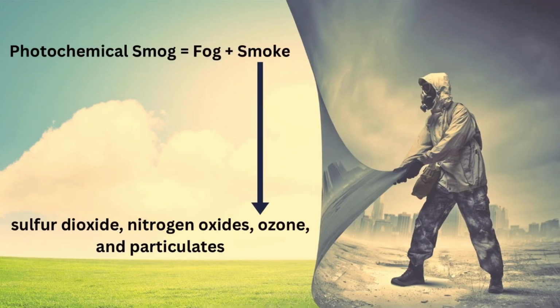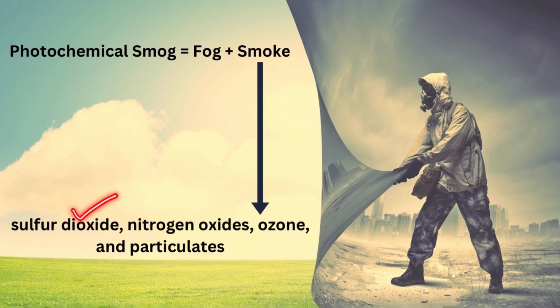In the previous lecture we discussed in detail the London smog or the reducing smog, how that smog was formed, what the chemistry behind it was, and what its effects were. Now in this lecture we will mainly focus on photochemical smog, and its content mainly consists of the following substances.